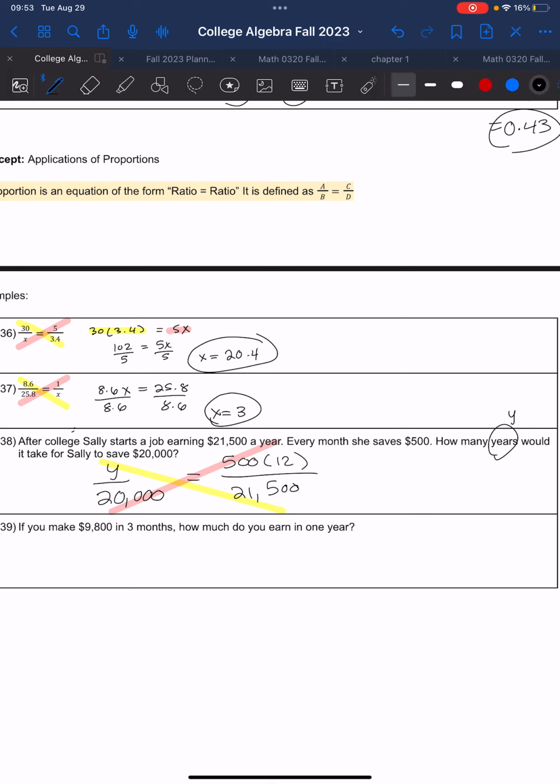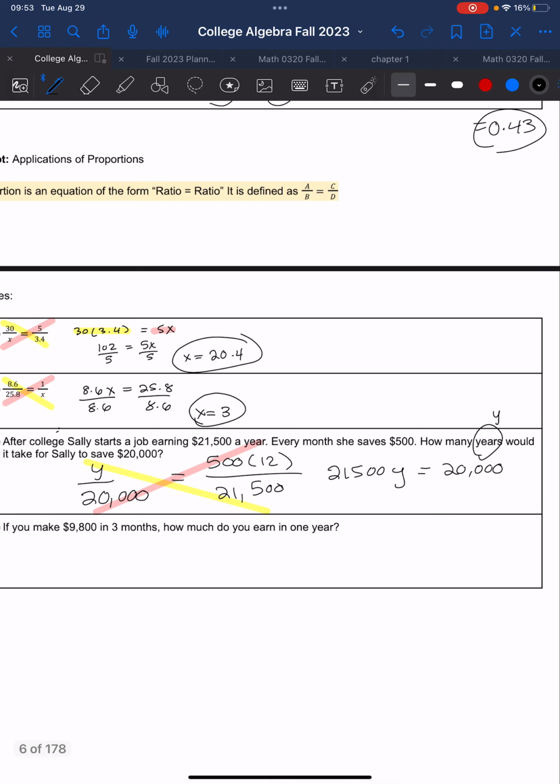So I have 21,500Y is equal to 20,000 times 500 times 12. Running out of room there. I'm going to go ahead and multiply that 20,000 by 500 by 12. So 20,000 times 500 times 12. Okay.